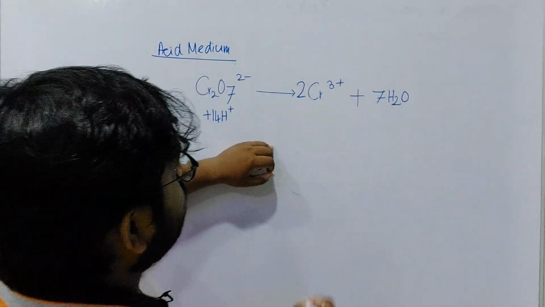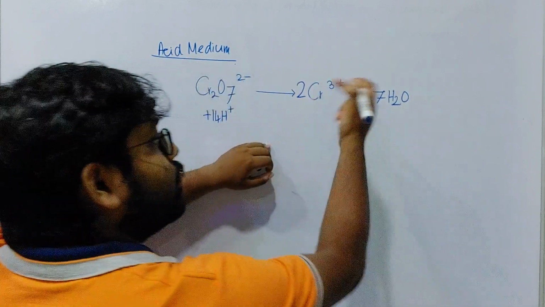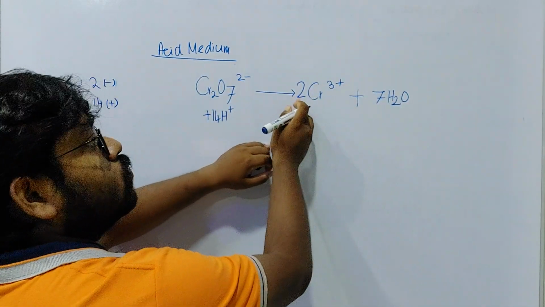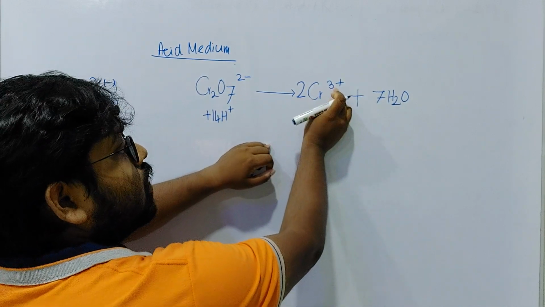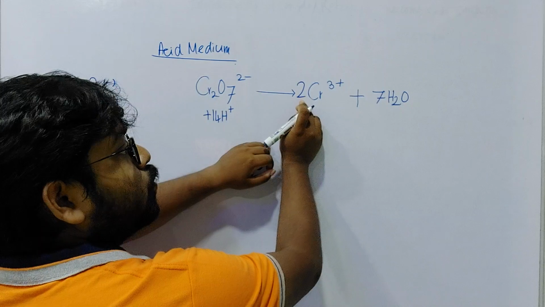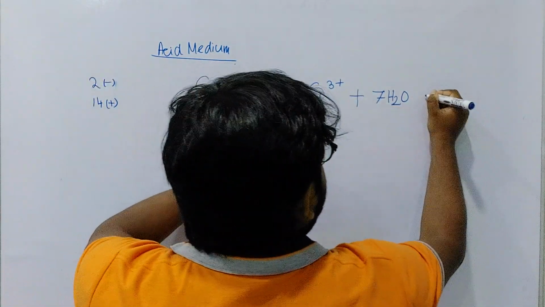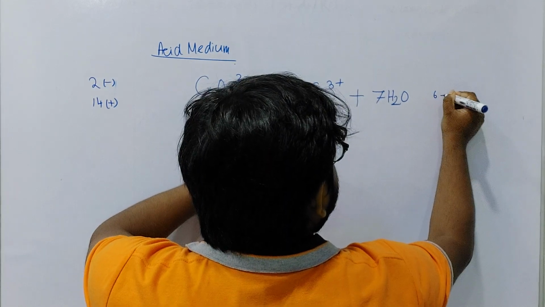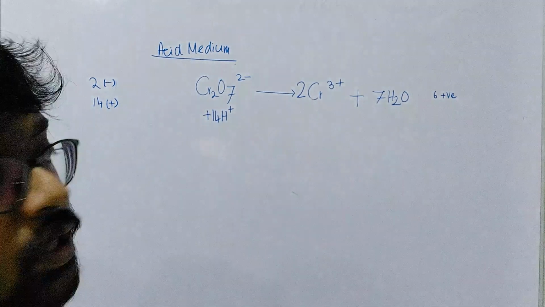But on the right hand side, there is chromium 3 plus, so 3 positive charge. How many? 2 chromium 3 plus, that means 2 units of 3 positive charge. So on the right hand side, 6 positive charge.